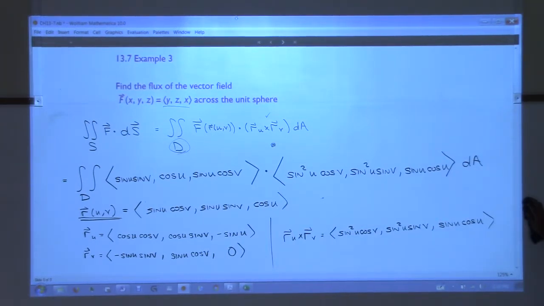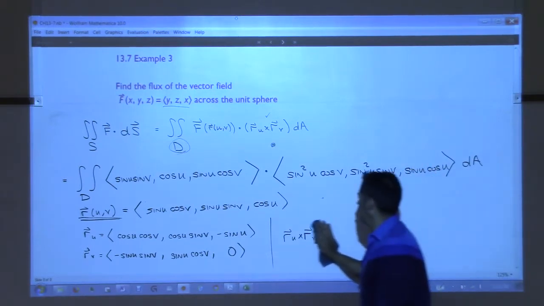If the field was something more complicated, like y squared over 3, you would have to start doing that. If it was a more complicated vector field, we would have a more complicated vector function over there. But in all honesty, you would probably try this problem with Chapter 13, Section 9, which we haven't done yet. So there is another way to go after this problem. Y'all ready to dot that? Doesn't look fun.